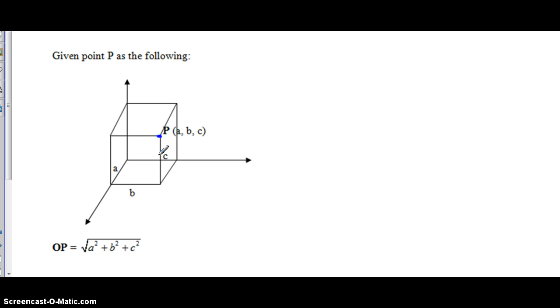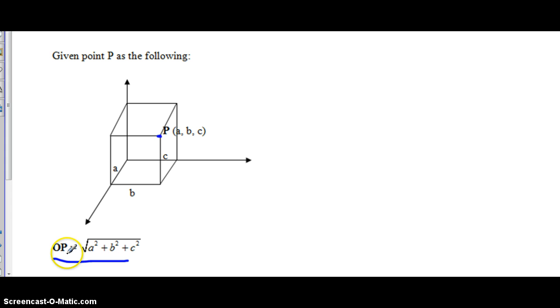So again, the Pythagorean theorem works here, and completing a rectangle, a prism, or box for your points while you're drawing them or thinking about distance is really helpful so that you can see that you have a right angle at all these points.